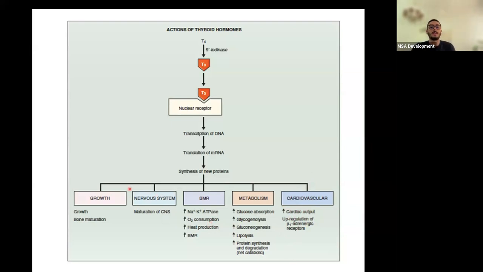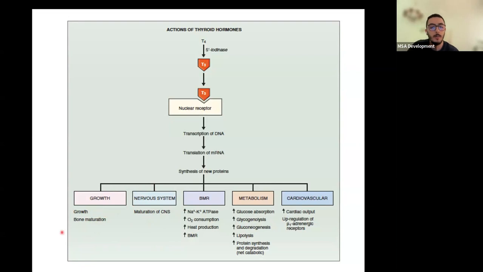Nervous system and growth. This takes action more in babies or infants while they are growing. In infants, thyroid hormone is required for the maturation of the CNS. Imagine an infant with no thyroid hormone: the CNS will not mature. This will cause some sort of retardation, and I will talk about this in the coming slides.